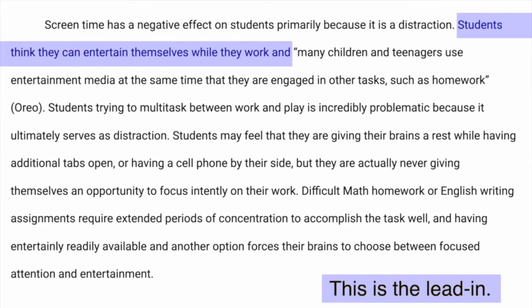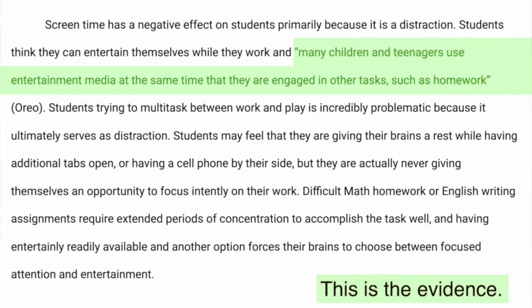So what I'm doing here is I have pointed out that students think they can entertain themselves. And I use that as a lead-in to my evidence, because the evidence then talks about how children and teenagers are using entertainment media while they're doing the homework. And that's the problem I'm trying to talk about later in the paragraph, that this is a distraction.